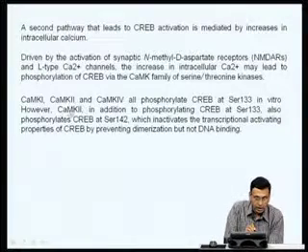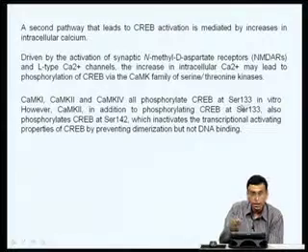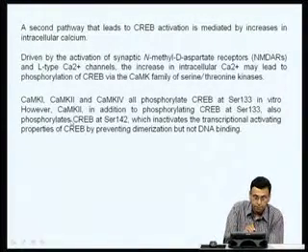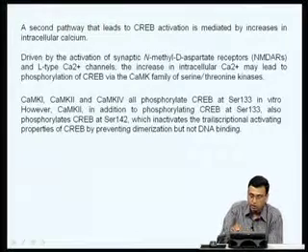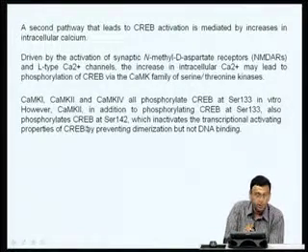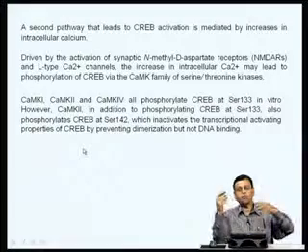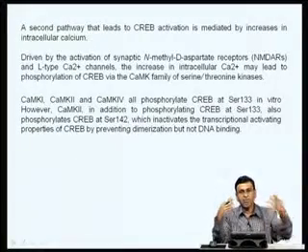CaM kinase 1, CaM kinase 2 and CaM kinase 4, all of them are capable of phosphorylating CREB at the same residue as that of protein kinase A in vitro. However, CaM kinase 2, in addition to phosphorylating CREB at serine 133, also phosphorylates CREB at serine 142, and phosphorylation of serine 142 inactivates the transcription activating properties of CREB. So, you can see how beautifully the regulation takes place.